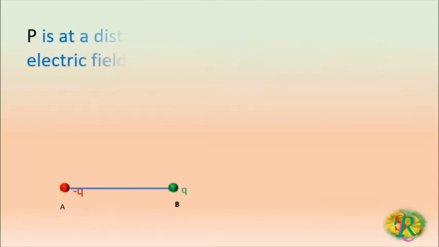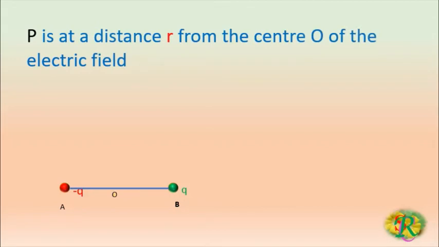The length of the dipole is 2L and the point P is at a distance r from the center O of the dipole, and the point P is at a distance r minus L from the positive charge and r plus L from the negative charge.